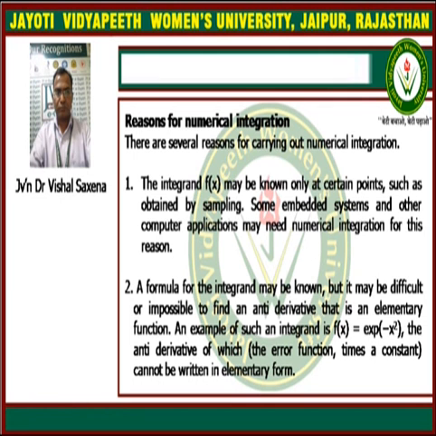A formula for the integrand may be known, but it may be difficult or impossible to find an antiderivative. So we know the integrand formula, but sometimes it is impossible to find the antiderivative of that integrand in elementary functions.